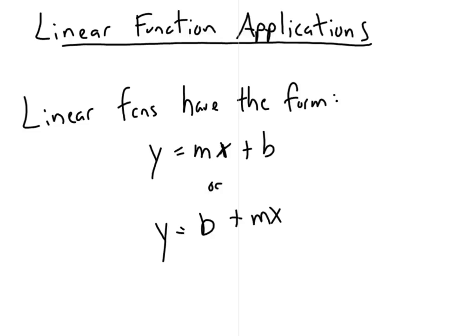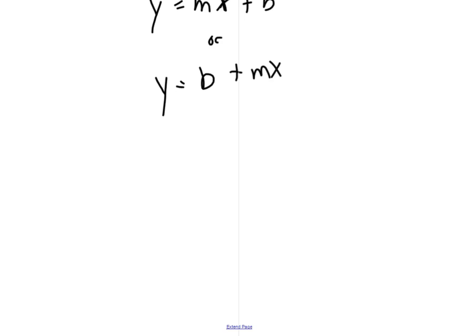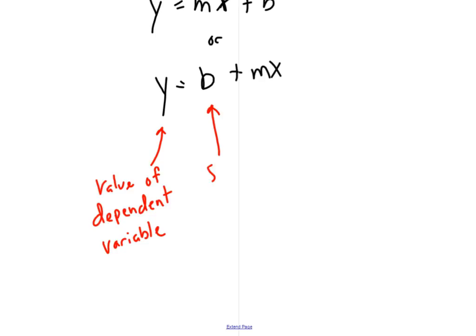However, sometimes it's more advantageous to have it in the form y equals b plus mx, because that b could stand for the initial value. Initial value of what? Well, in any functional relationship, you're going to have the dependent variable and the independent variable. In this equation, y depends on x, so y is the dependent variable.